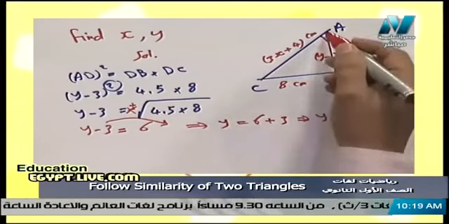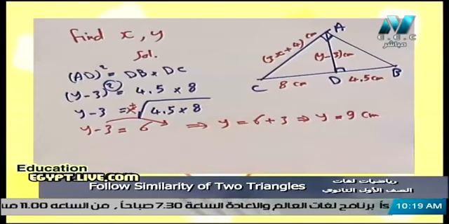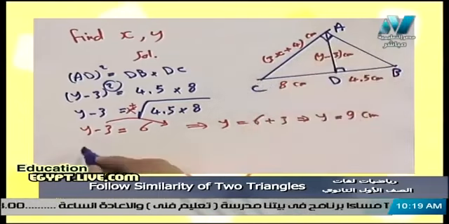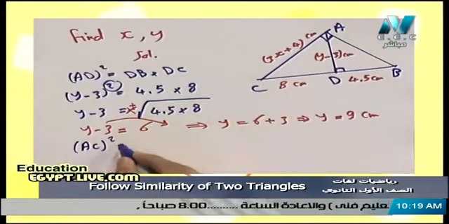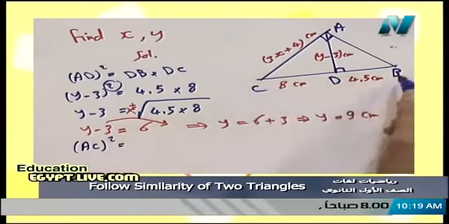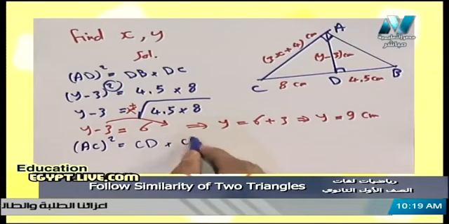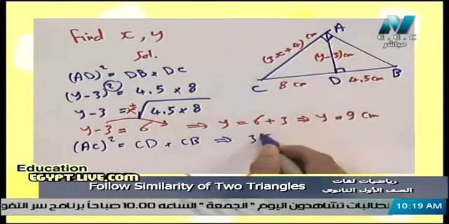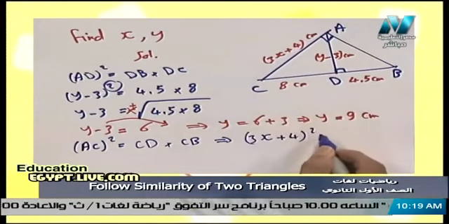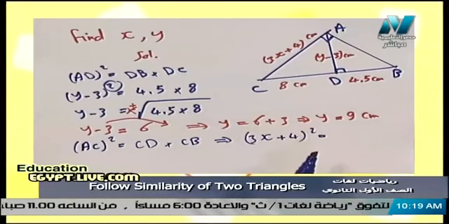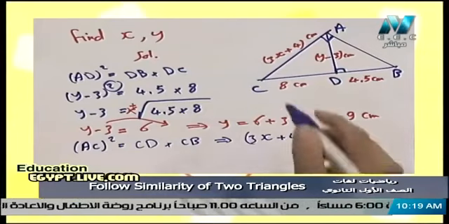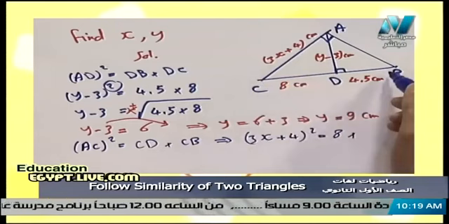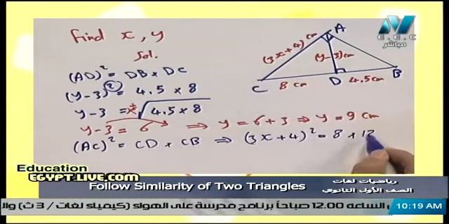To find x, we will deal with AC here. And we know from the similarity that AC power 2 equals CD multiplied by CB. AC power 2 means 3x plus 4 all power 2, and it also equals 8, which is CD, multiplied by CB, which is 8 plus 4.5 equals 12.5 centimeters.